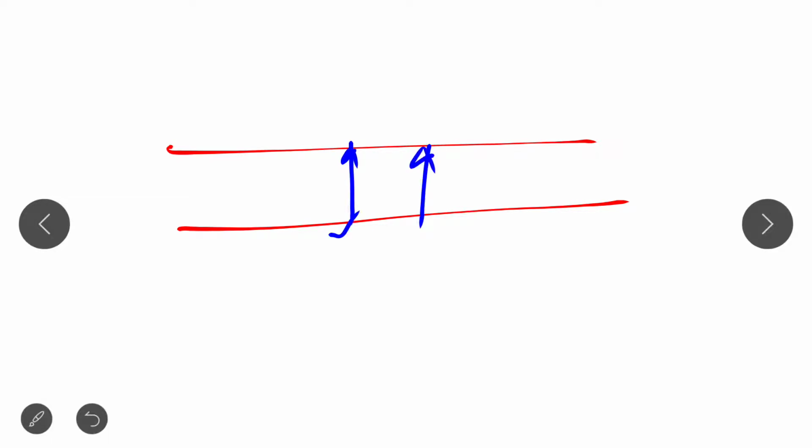How many amino acids are present in this membrane, we don't know. So how can we identify this?